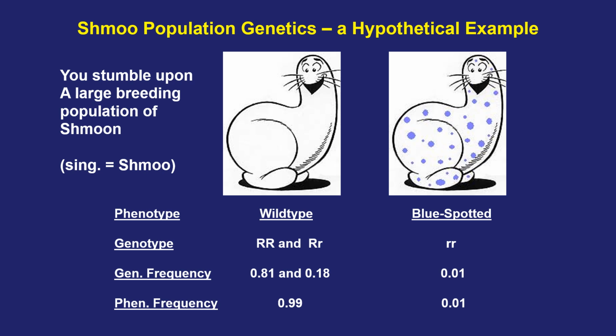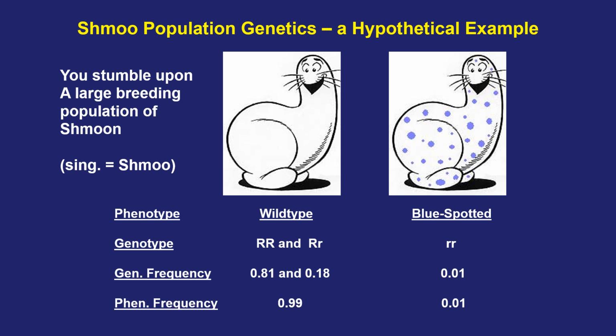Anyway, imagine that you're walking through the woods and you come upon this valley and you find this isolated population of shmoon. We have wild type. Wild type refers to the norm, the phenotype in this case that is most common in the wild.